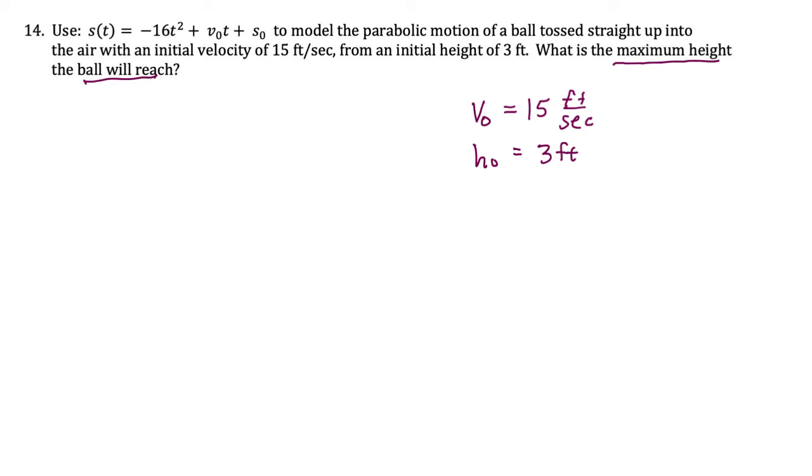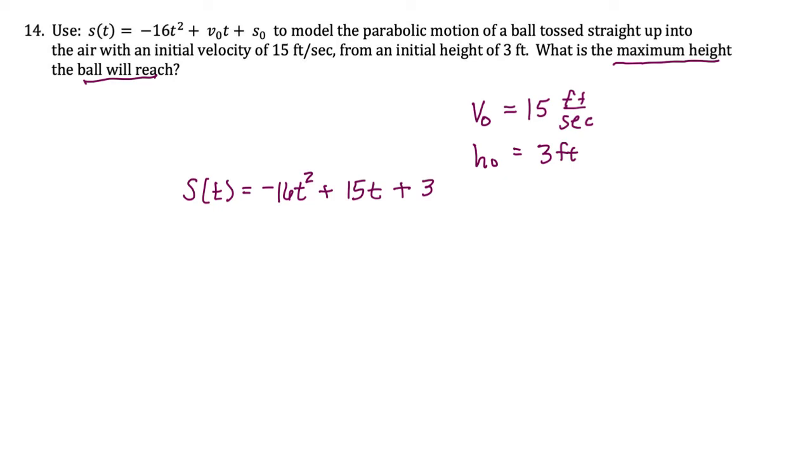So we fill in our position function. It's going to be -16t squared plus 15t plus 3. And now what we're going to do with this is we need to find our maximum height that the ball will reach.